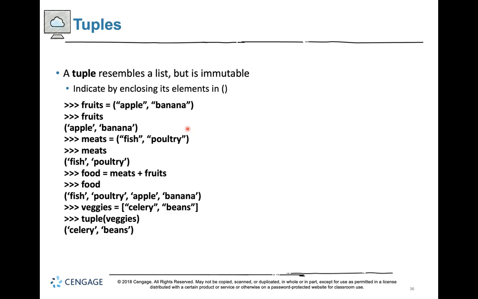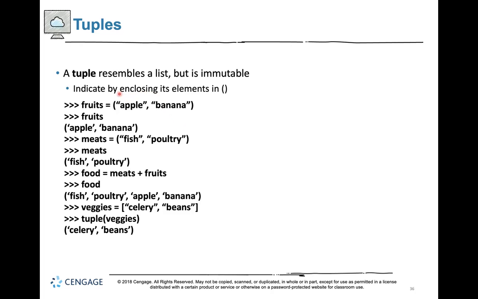Now, previously we've seen a usage of a tuple when I illustrated a for loop, where you can use the enumerate, right? The enumerate function returns actually a tuple. A tuple is like a list, but is immutable.